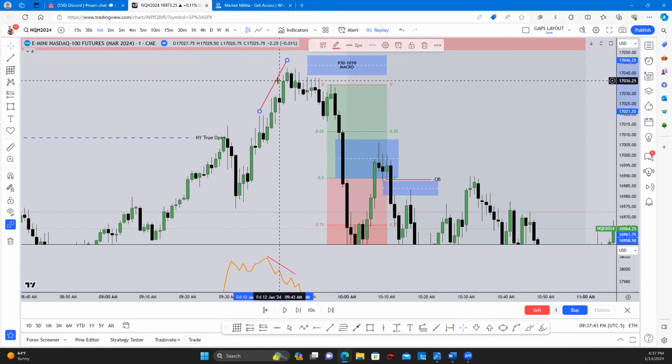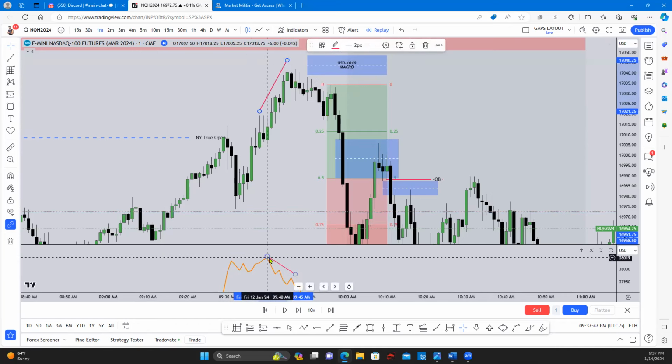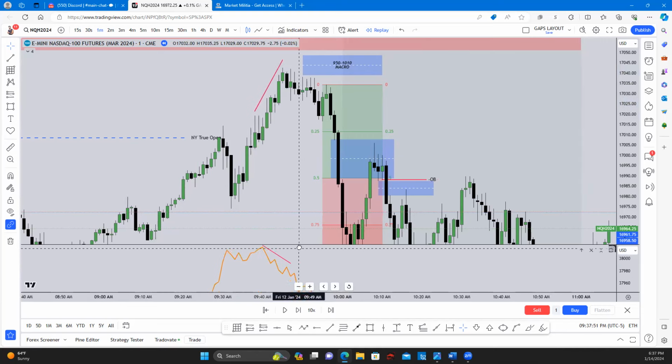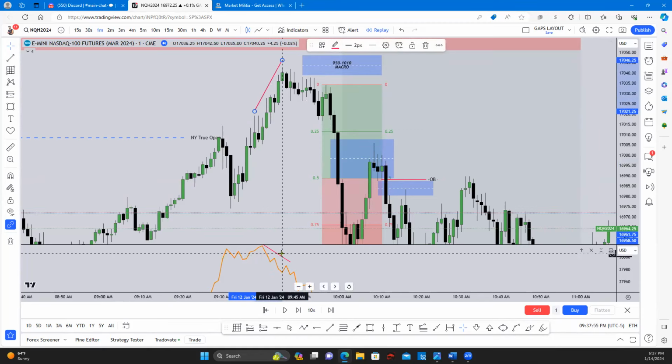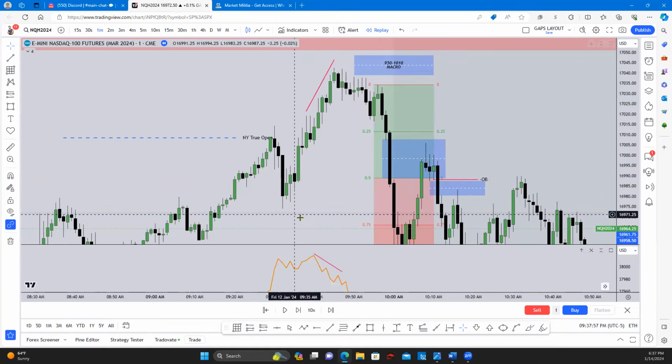So you had SMT divergence at the high with YM or US 30 already showing weakness and going to drop. So you had SMT here, which is smart money reversal, or smart money divergence there.